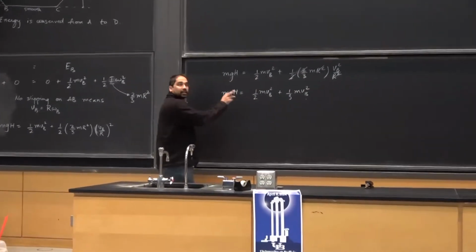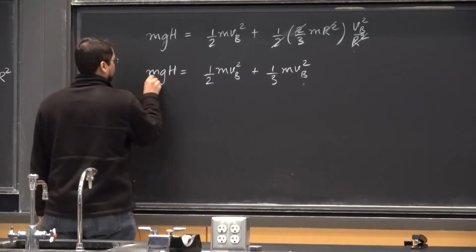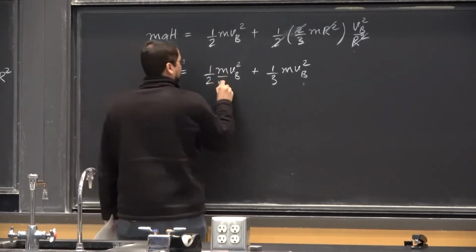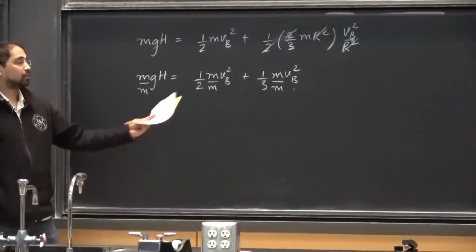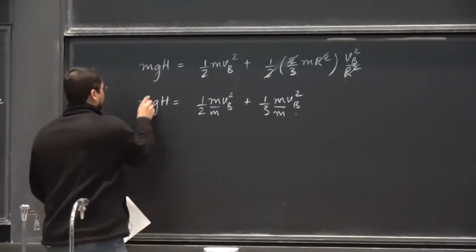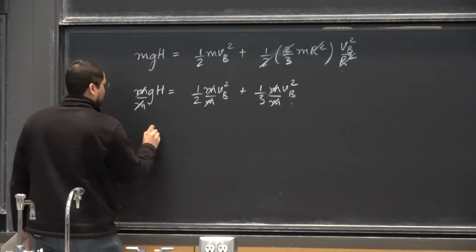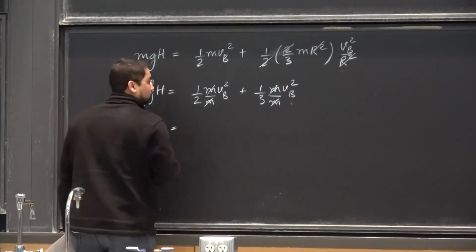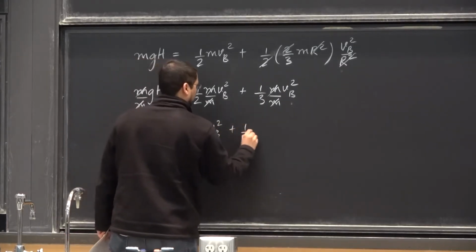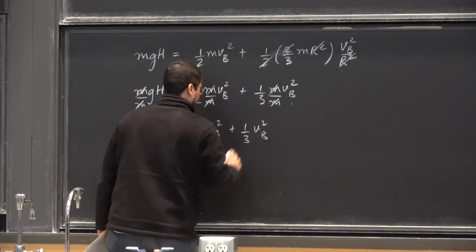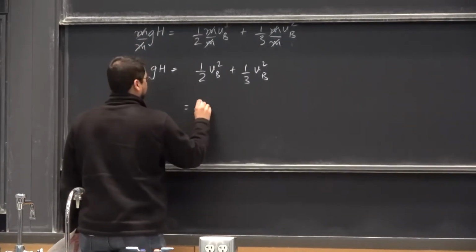So my goal is to figure out what VB is. One thing I can do right away is divide both sides of the equation by m. When you divide both sides, you have to divide every single term by m. So now I have gh is 1/2 VB squared plus 1/3 VB squared. I can factor out a VB squared.